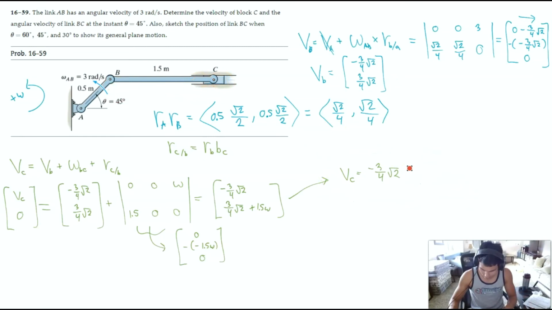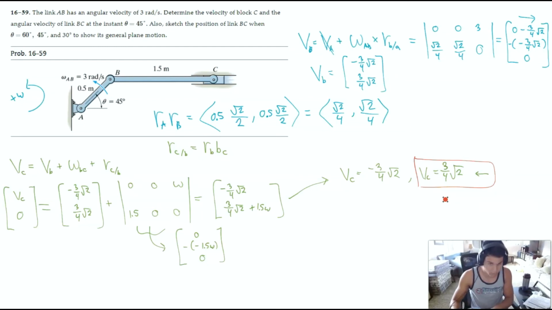But if you want to get rid of that negative, you could write VC is equal to 3 over 4 square root 2, and then you indicate the direction. That's how I usually write my test answers. I'll write it as a positive and then indicate the direction, just so there's no confusion.